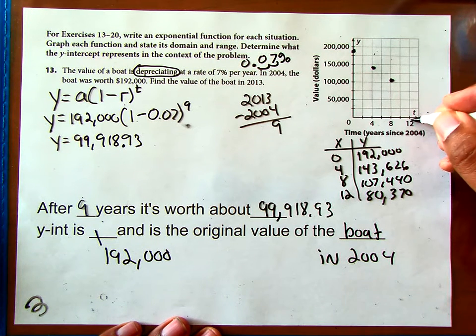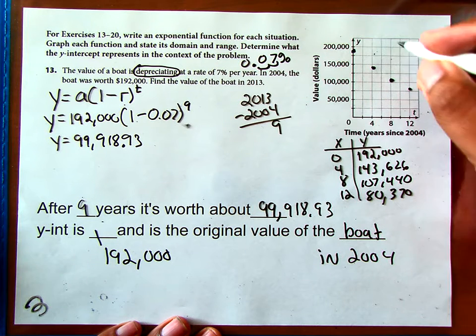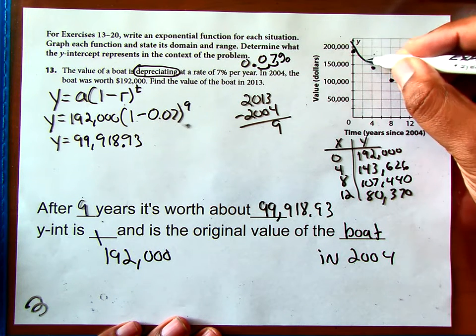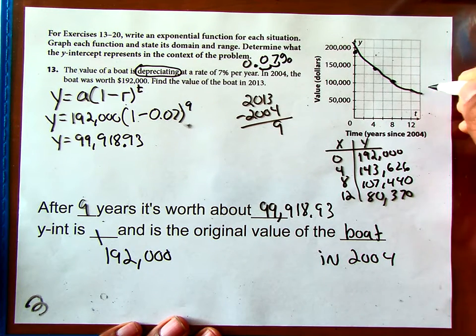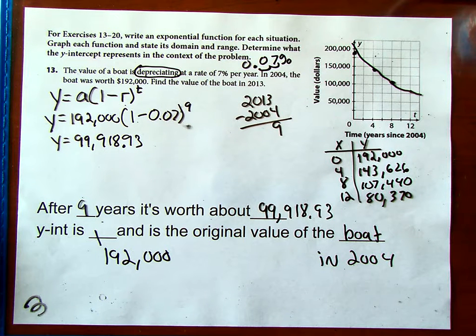And at 12, right about here. Okay, so I can show my exponential curve and showing decay of the actual boat. Okay, and you can map that out. Okay, so that's exponential decay there.